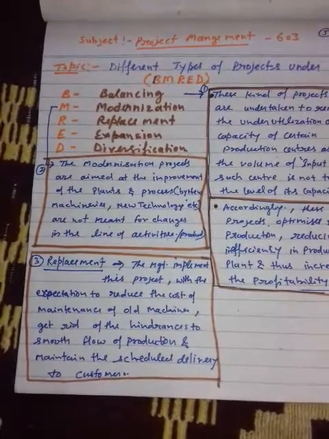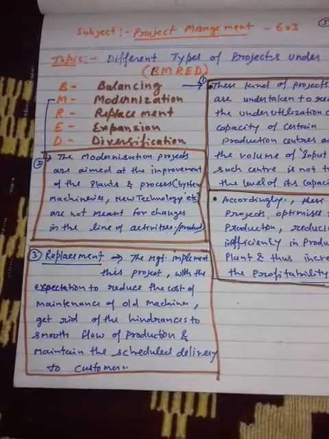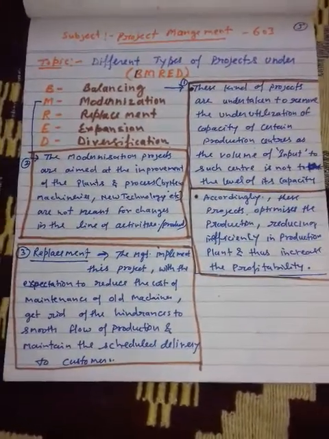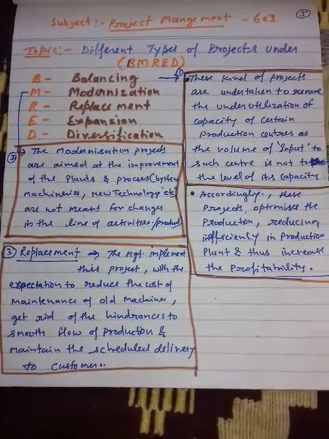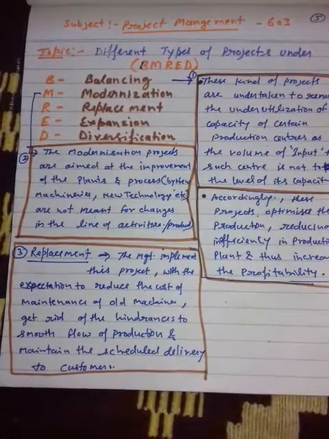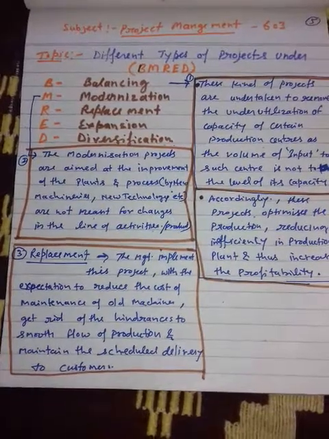At the same time, reduction in the volume of production is also there. So in that situation, the organization must consider replacement of the particular machines and machinery causing such problems.